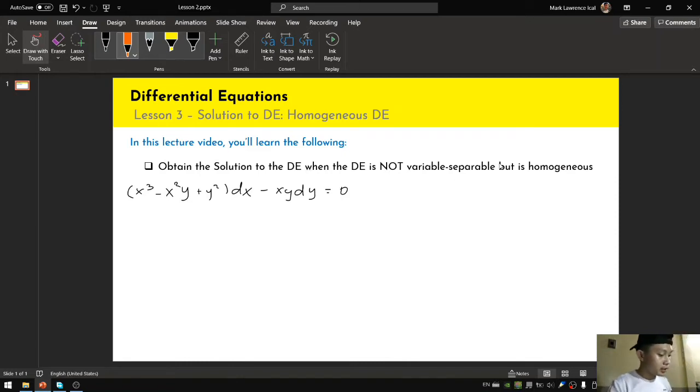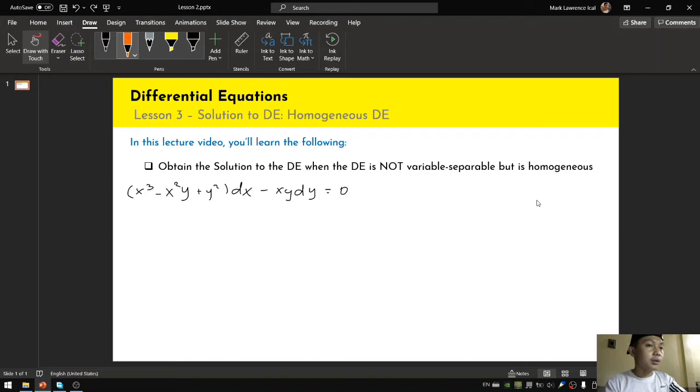Step 1 is, let y is equals to vx and x is equals to uy. Okay, sorry. Hindi kasi na yung rule.